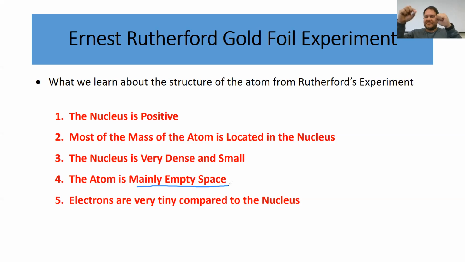Negative and positive attract. So those electrons are tied to the atom due to the attraction to the nucleus. Somewhere those electrons are found. So these are the 5 main points or conclusions that we can make from the Rutherford gold foil experiment. All 5 of these you should know well and be able to state them.